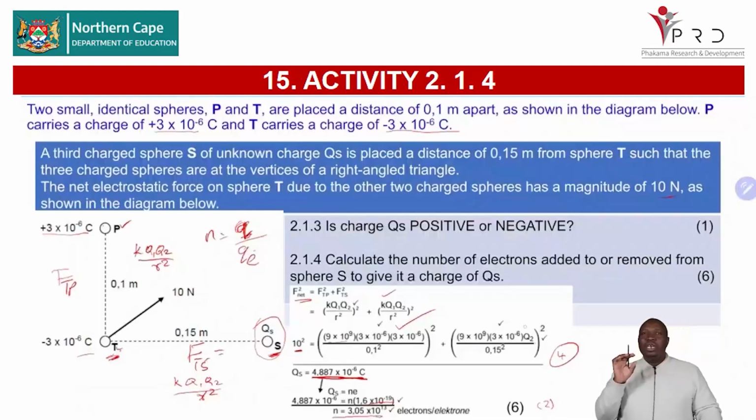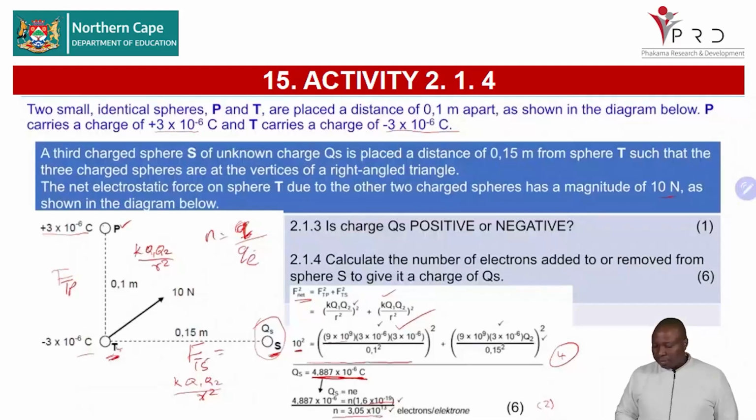And then the only gray area, where we are saying do as much practice as possible, is the maths part here. Please spend some time dealing with the maths so that you know how to calculate the QS.